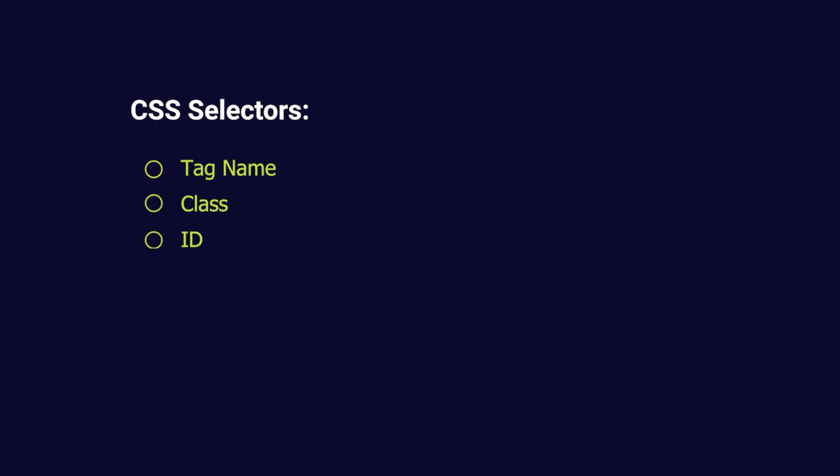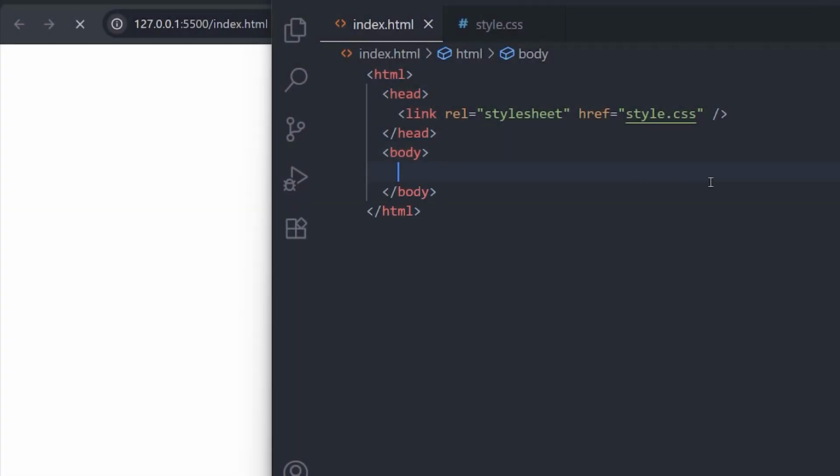In this section, we are diving into CSS selectors, specifically tag names, classes, and IDs. CSS selectors help you target HTML elements to apply styles. Let's see how they work with an example.